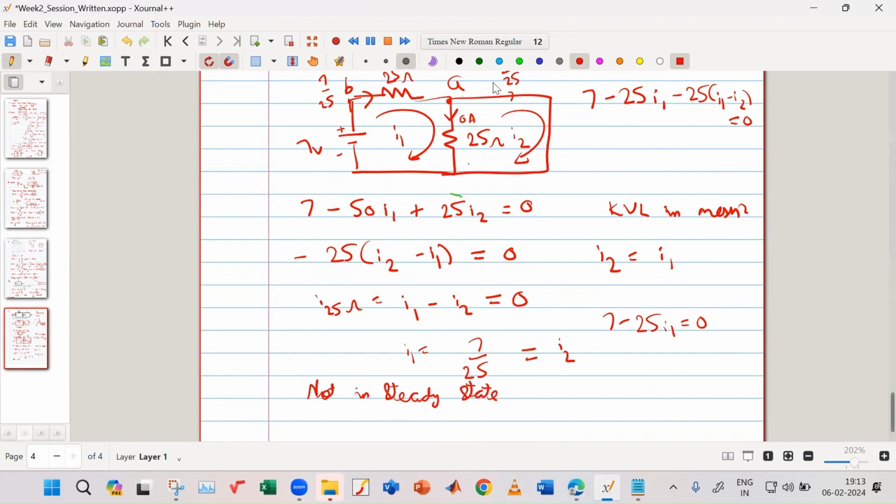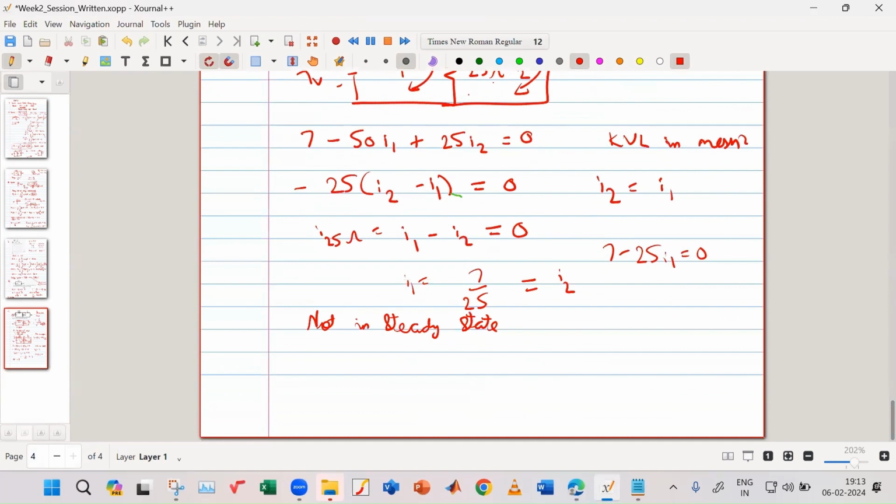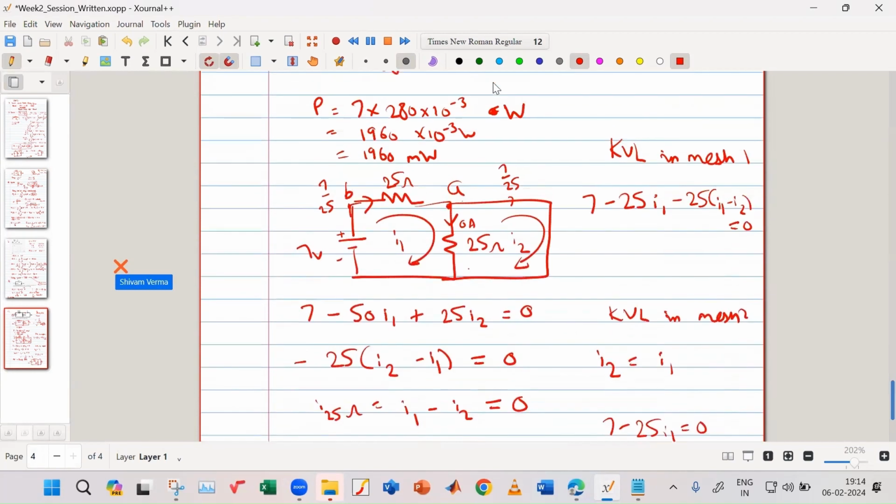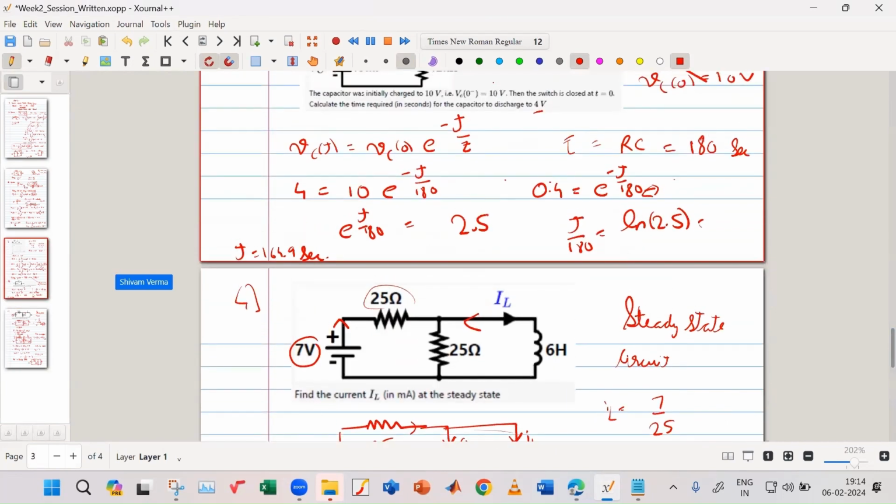Your circuit will be your 7 volt, your 25 ohm resistor, your 25 ohm resistor, and your inductor. I don't know what the inductance is, which is L. So this will be the thing, and let us go back to the question. What does the question say?